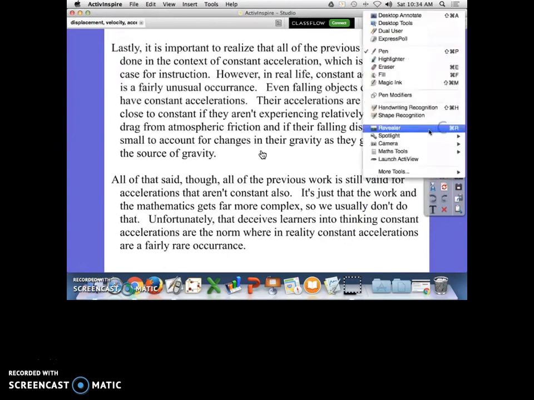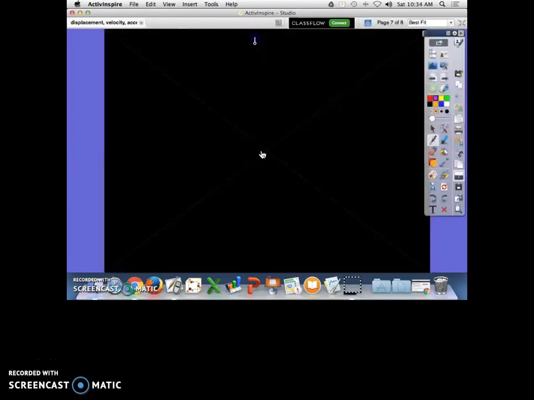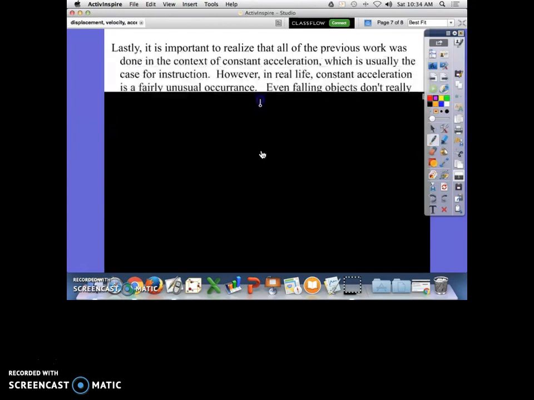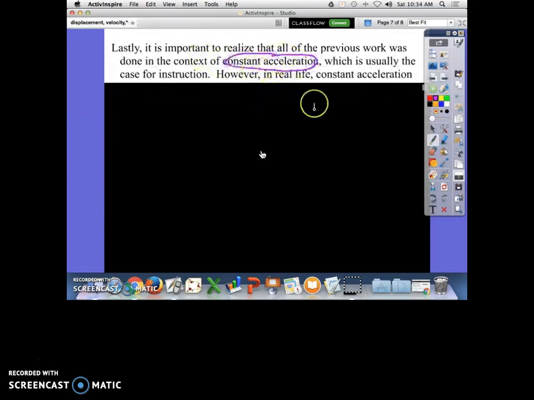Okay, lastly, I want to point out some assumptions we make that are wrong when we're teaching and learning velocity, acceleration, and position, or displacement. It's important to realize that all of this previous work was done in the context of a constant acceleration, which is usually the case for instruction.